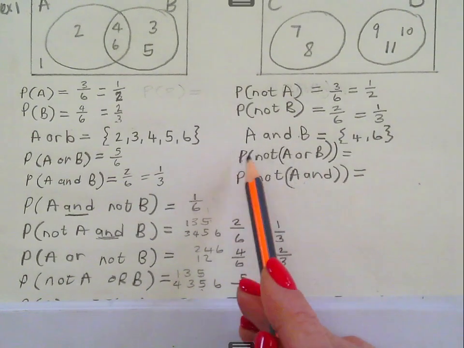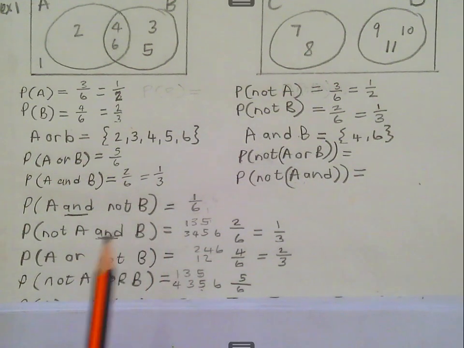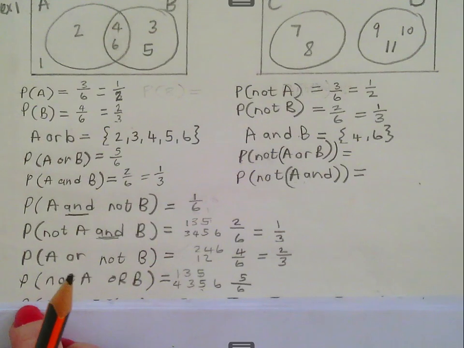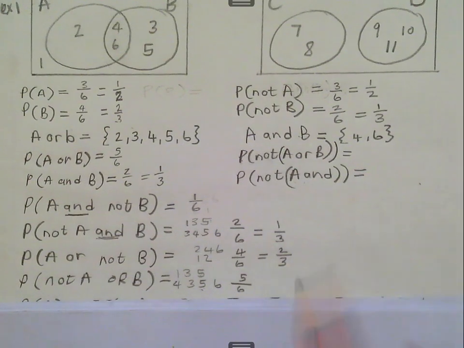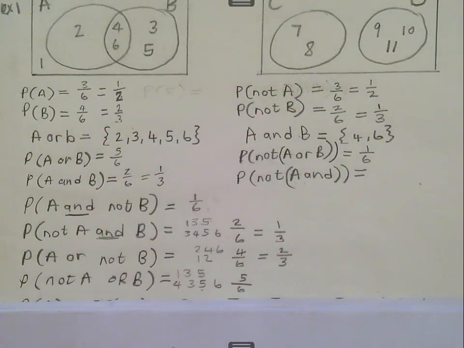Not, and then in brackets, A or B. So it's not like the previous one where I said not A or B. You must first know where A or B is. When you know where A or B is, I want the ones that are not in it. 1/6. There's only that number 1 on the outside. That's not A or B. Well done.